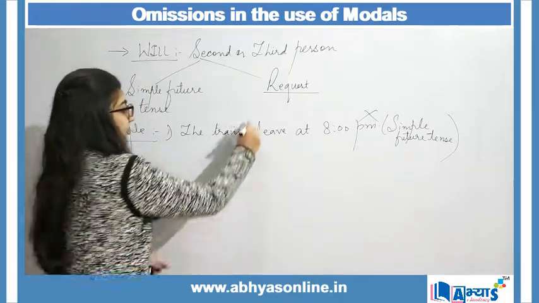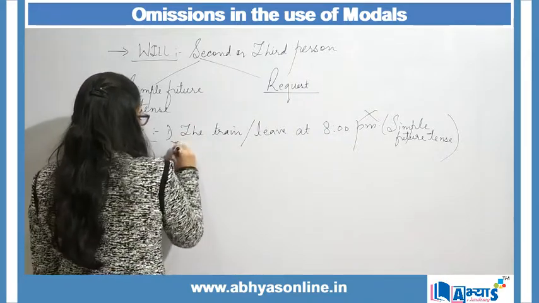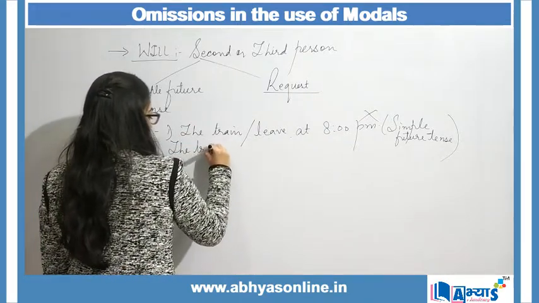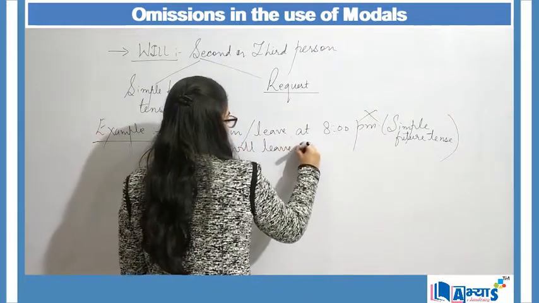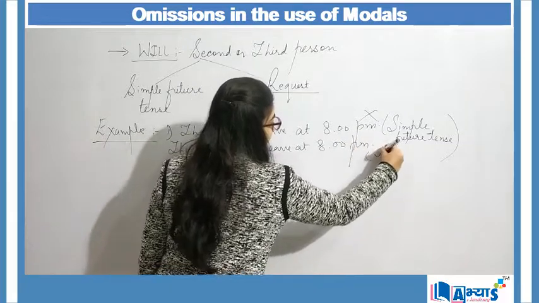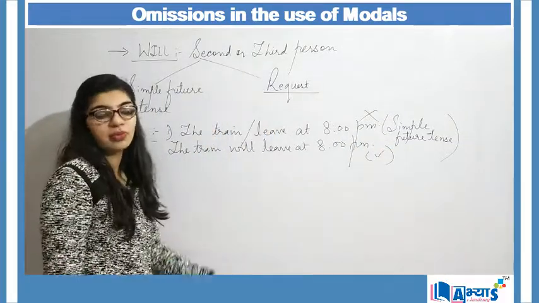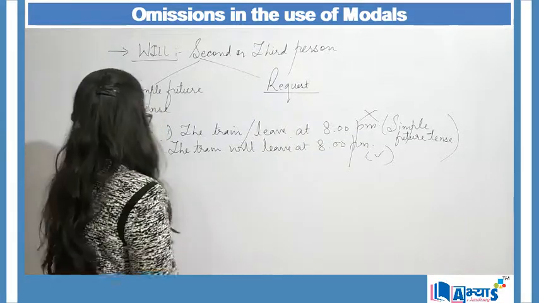So my sentence will be: the train will leave at 8 p.m. This forms my correct sentence, and my sentence now is in simple future tense.